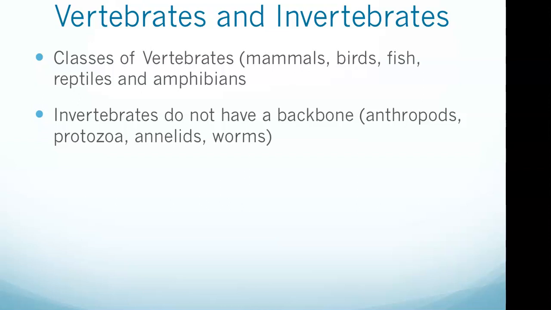Invertebrates do not have a backbone, and some common examples are arthropods, protozoa, annelids, and worms. We can easily see a question on vertebrates and invertebrates. Again, this probably would be an example, like they probably list out 4 of these and say which one of these is not an invertebrate? Arthropods, protozoa, worms, fish, something like that.